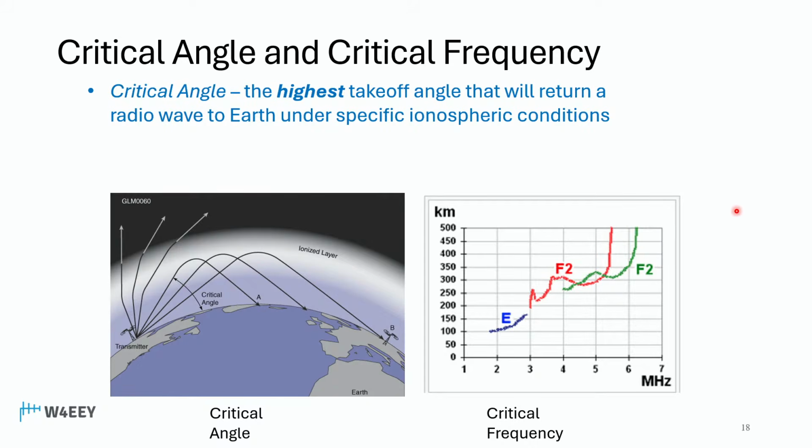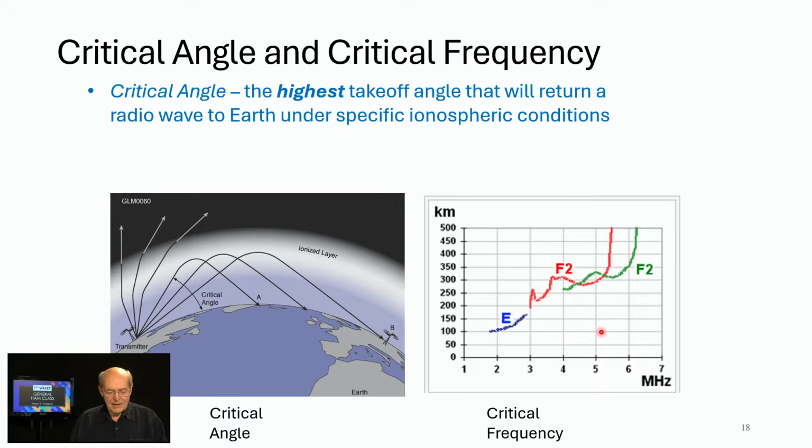Now here's something I don't think they talk about in our chapter. I think Kessler might have mentioned it. This is an ionogram. An ionosonde is an instrument that will shoot a signal straight up in the air, and it'll sweep the frequency. In this case, we're going to sweep from 1 to 2 to 3 megahertz all the way up to 7. And then this is height, in kilometers.